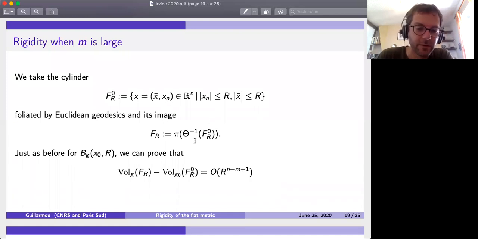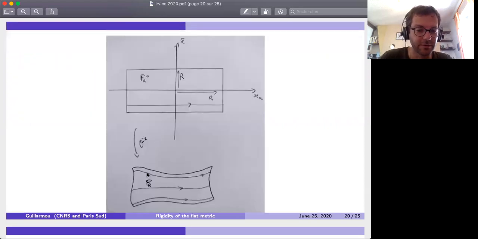If I take the image with my conjugation and then project backward to Rn, I will get another kind of cylinder made of geodesics for g. You see on the picture, it's kind of deformed and it's foliated by g geodesics. So basically, you take each Euclidean geodesic, you take the image by our conjugation, and it gives you another geodesic for g. And then we take this set.